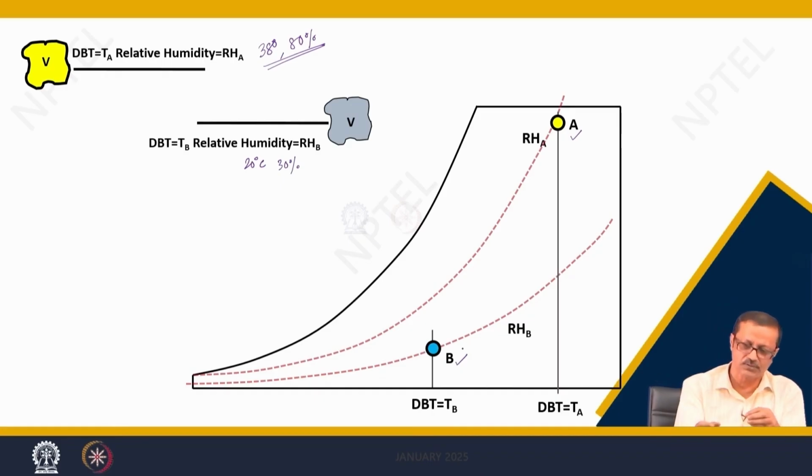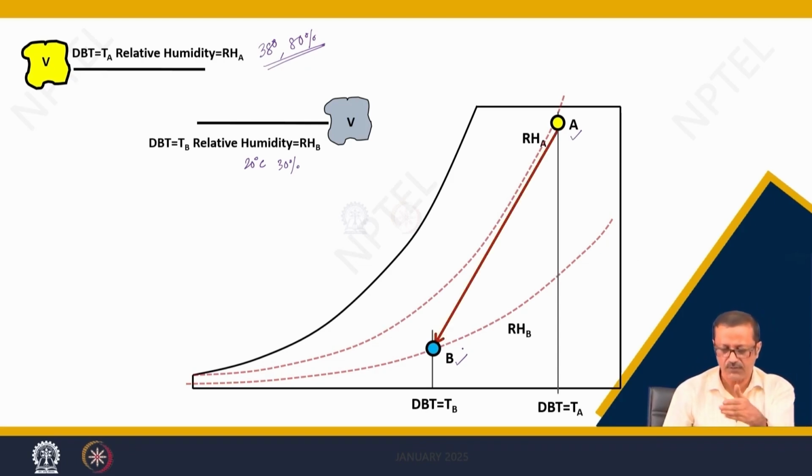Each has its own enthalpy value, its own humidity ratio value, and its own specific volume value also. If I want to go from A to B, that means I have to convert that 38 degree air of volume V to 20 degree air. So, I have to use some kind of energy, which is required in a chiller plant or some plant of the air conditioning system.